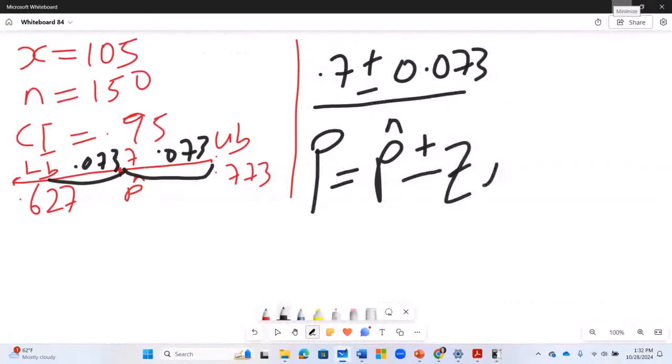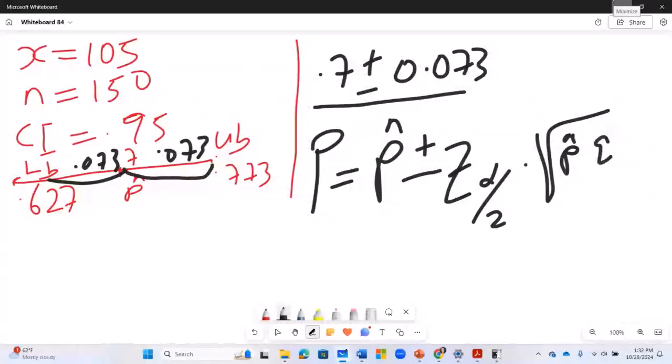The critical value Z alpha over 2 multiplied by square root of P hat Q hat over N. So this is the formula. But if you're told to use the formula, you can use the formula. Otherwise, you can just go straight and put it in your calculator.